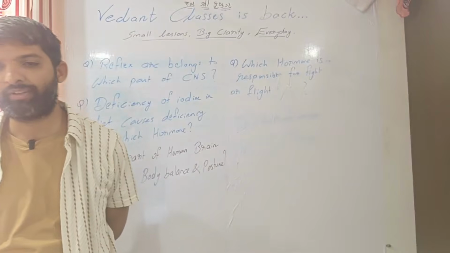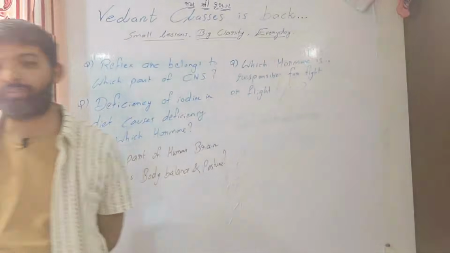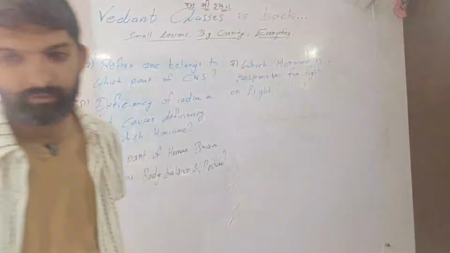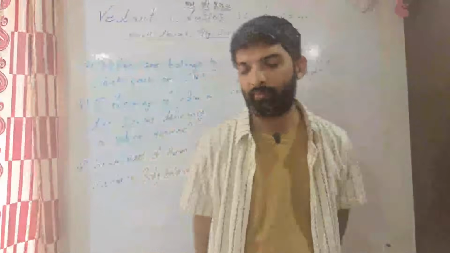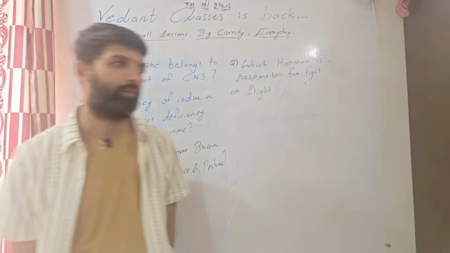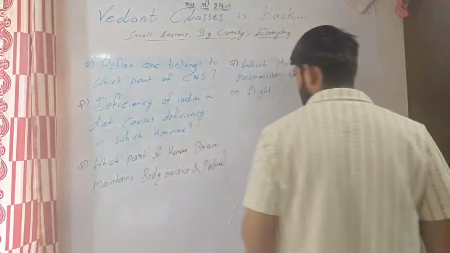Adrenaline. Adrenaline hormone. Adrenal is the gland and adrenaline is the hormone, right? So be specific when you write the answers for objective questions. For a 1 mark question you need to be very specific.